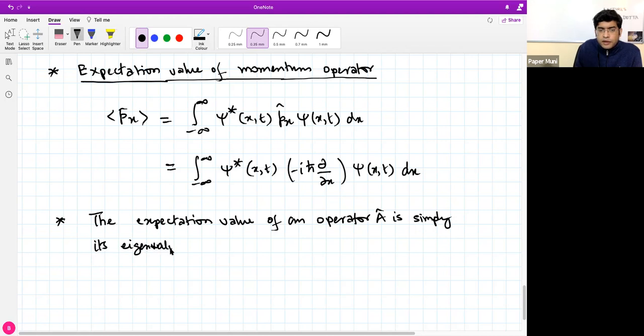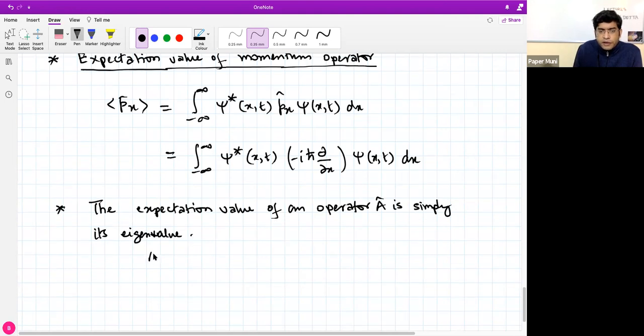If we write A psi is equal to a psi, where small a is the eigenvalue of this operator with respect to this wave function, then we can write it like this.